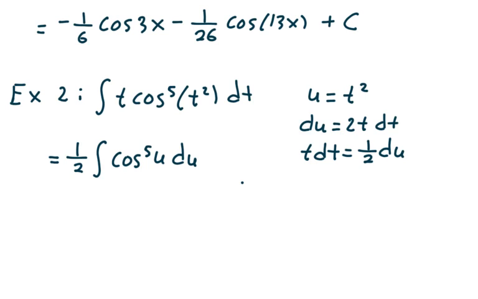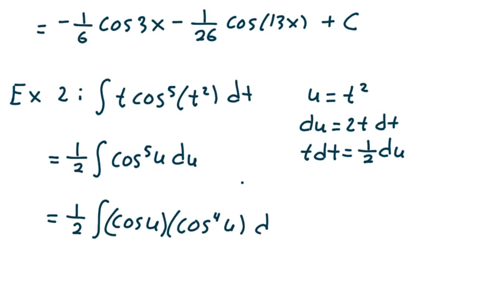And so when I see an odd power like that, what that leads me to believe is I need to pick off a cosine. So I'm going to write this as the integral of cosine of u, and then I'm going to multiply by cosine to the 4th u du.